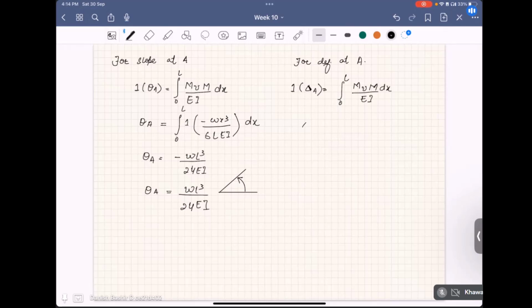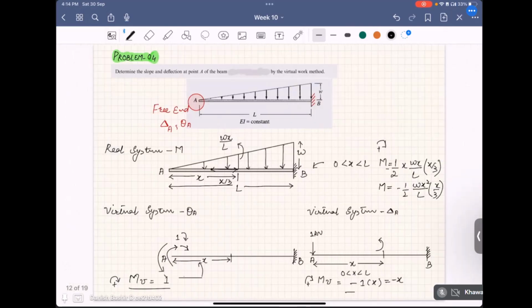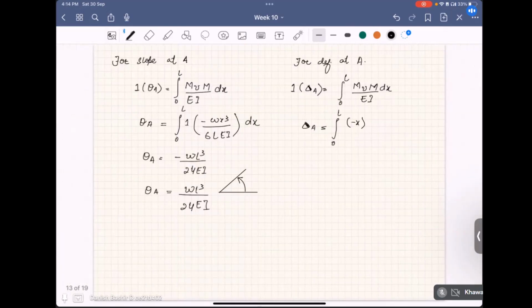Quickly putting in the values, Mv is minus x, I already computed it, and M is minus wx cube by 6L, with EI in the denominator. When you compute this value, delta A comes out to be wL power 4 divided by 30 EI.